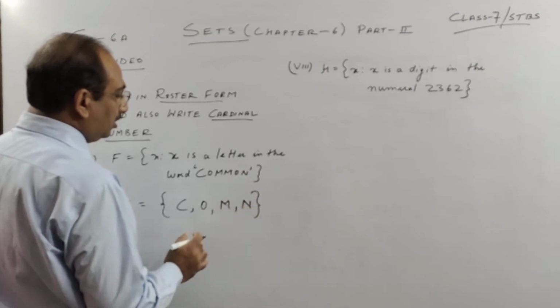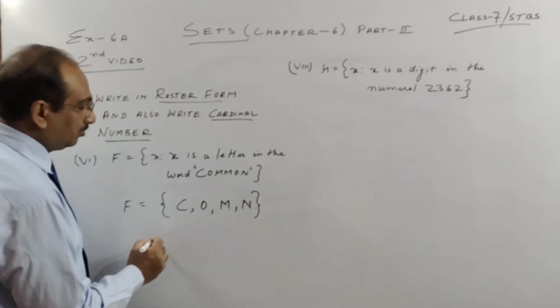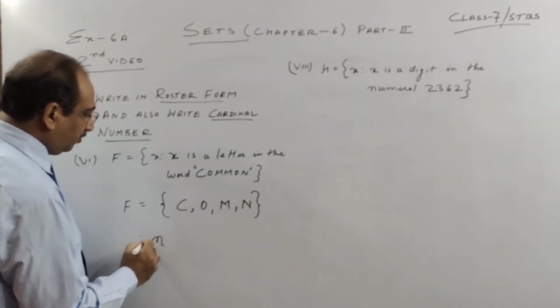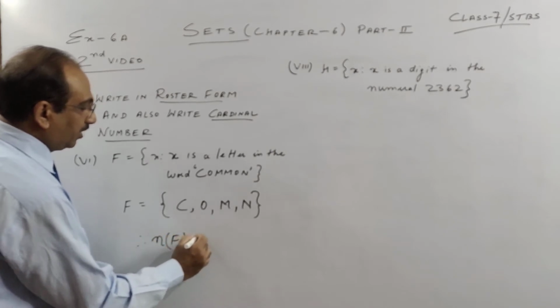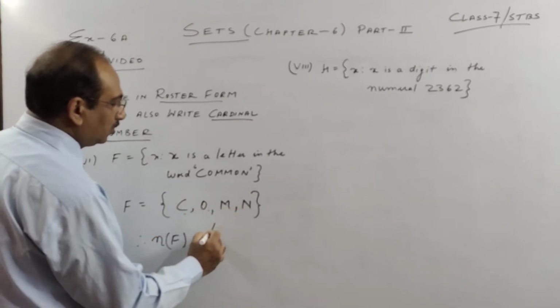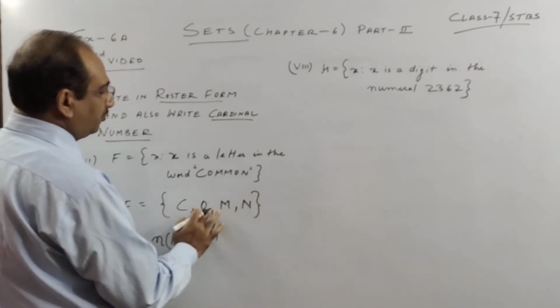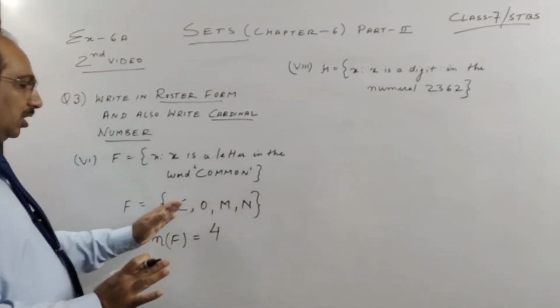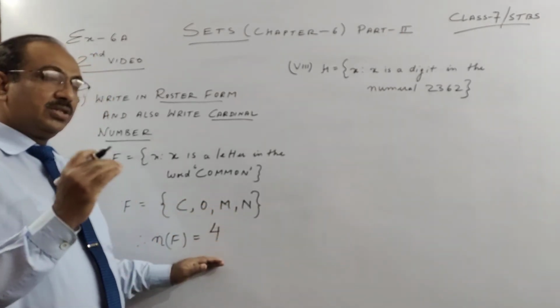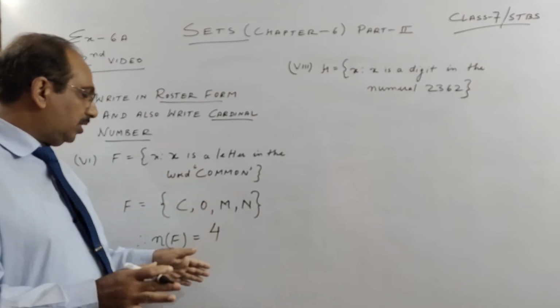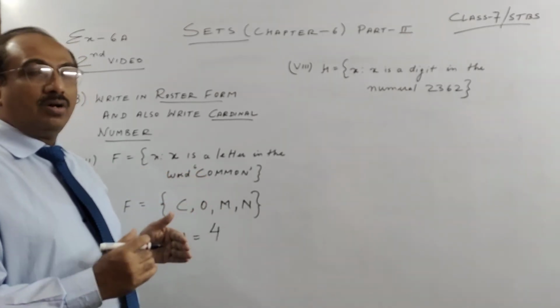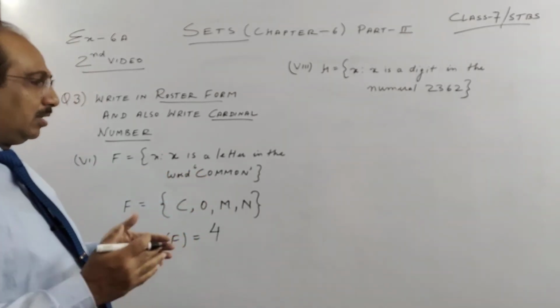And N. So what is the cardinal number of this, children? The cardinal number of F is 1, 2, 3, 4. There are 4 elements. What they are is not important. The cardinal number tells you there are 4 elements: 1, 2, 3, 4, or C, O, M, N, or A, B, C, D, or W, X, Y, Z.